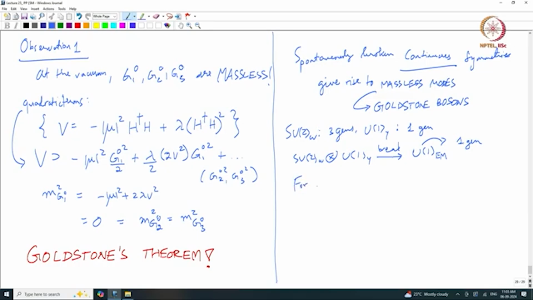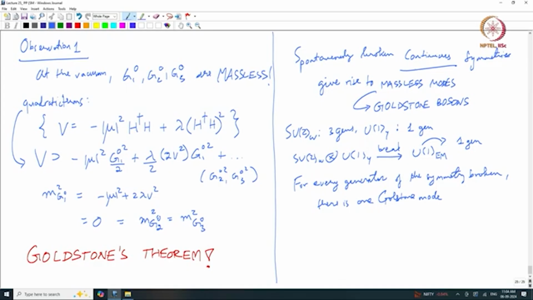In other words, for every generator of the symmetry that is broken, there is 1 Goldstone boson. Goldstone mode, Goldstone boson, however you want to put it. So does that tally here?